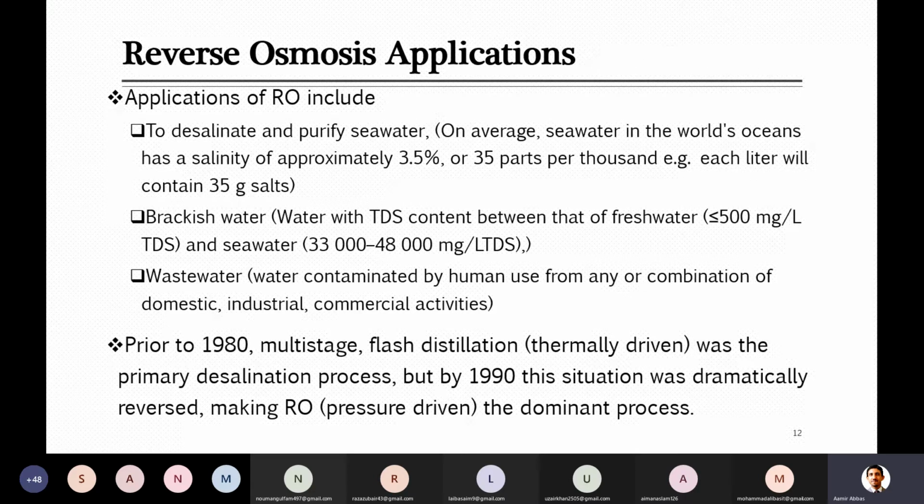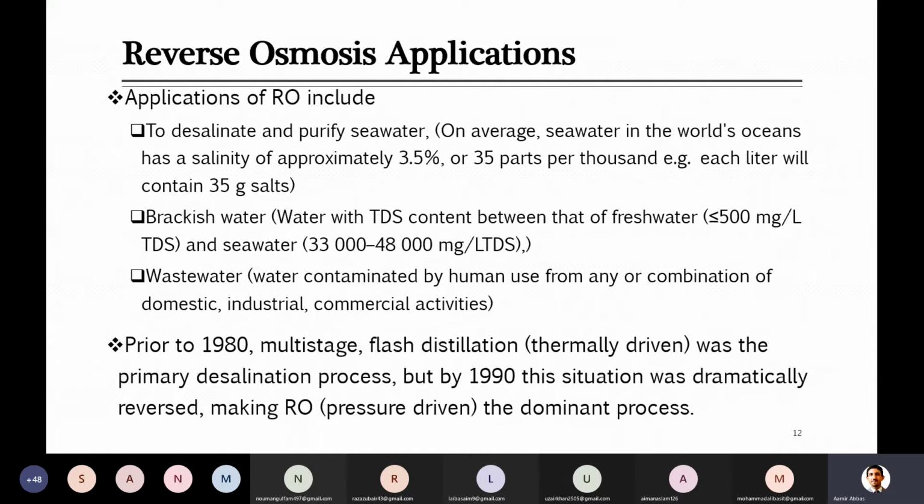You give heat and evaporate the water. The water is evaporated, and the salt is left at the bottom of the equipment. Then the evaporated water is condensed in the condenser with the help of a cooling medium. You can provide water, air, or anything, and after condensation, the water is collected.